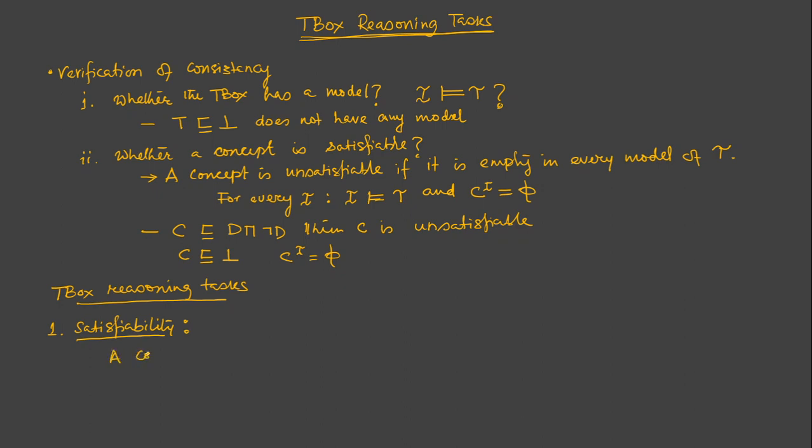So a concept C is satisfiable, and of course it should be with respect to a T box T, if and only if T has at least one model I. So if I is a model, then you know that this holds: I models T, right?